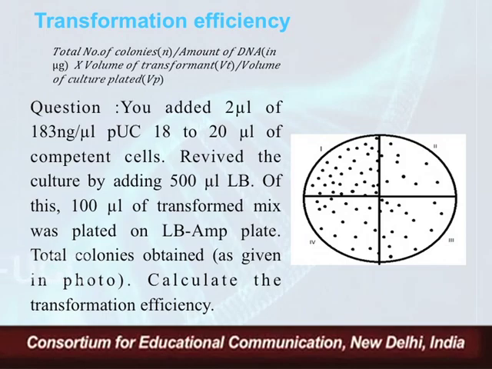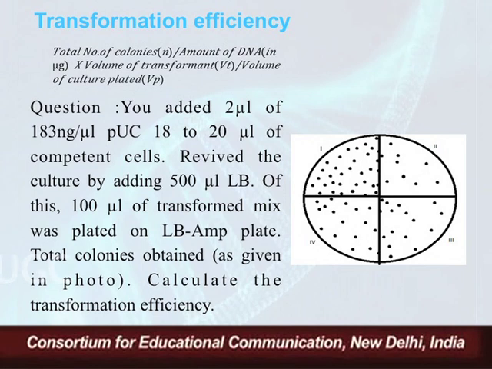So we know the amount of DNA, the volume of transformants, the volume of cells we are taking, the volume we are adding to revive the cells, and the volume of culture plated. By this formula we can find out the transformation efficiency.